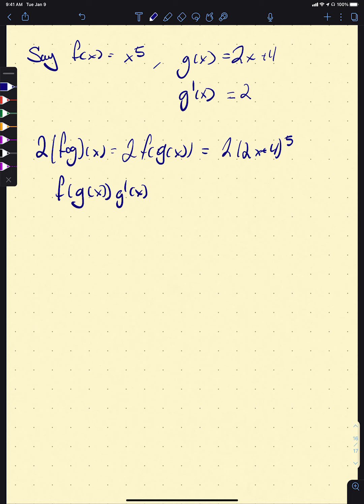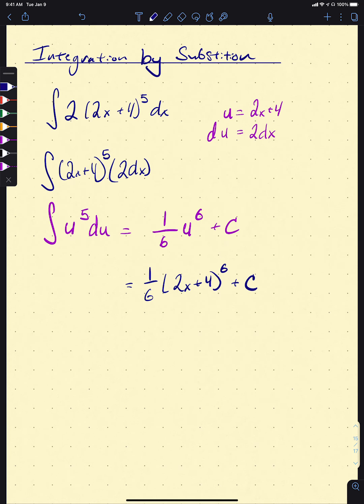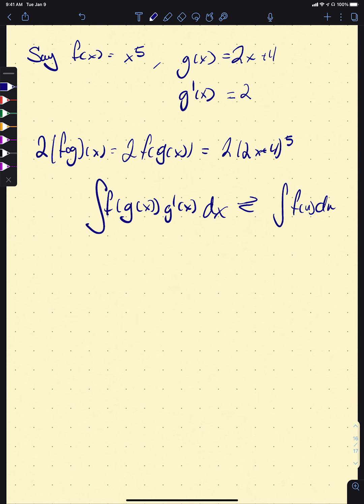So the integral from before can be written like this, dx. What we're looking to do is show that this can be written as the integral of f of u du, because that's what we did here.